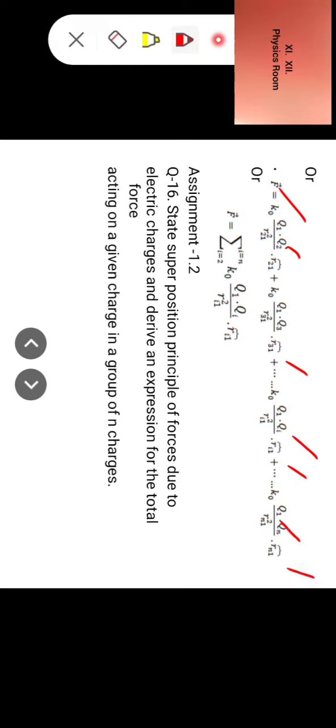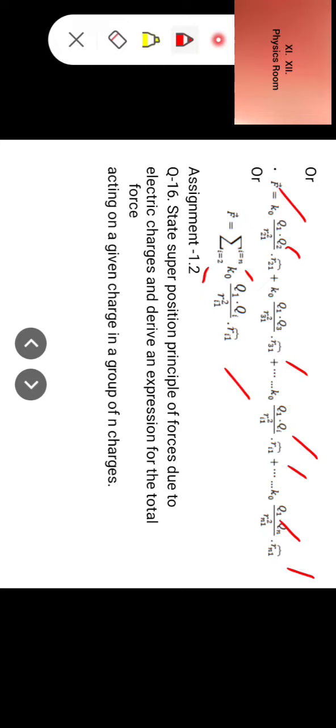And instead of writing such a lengthy expression, we write summation. So F is equal to summation K naught Q1 Qi divided by Ri1 square into Ri1 cap, summation i equal to 2 to i equal to n. i cannot be equal to 1 because we are calculating the force on charge Q1.